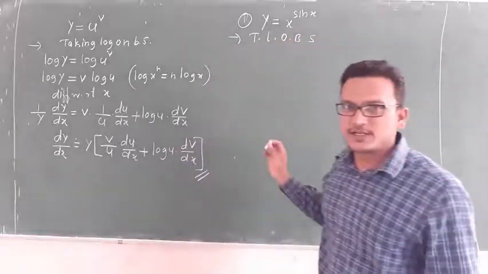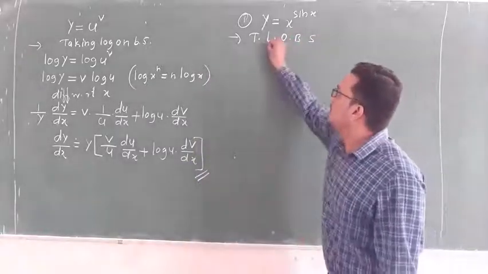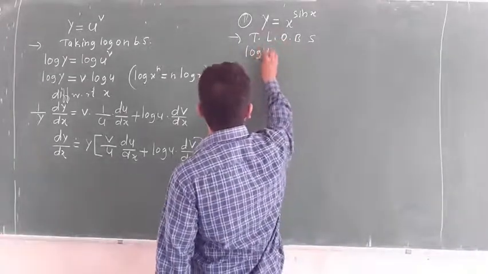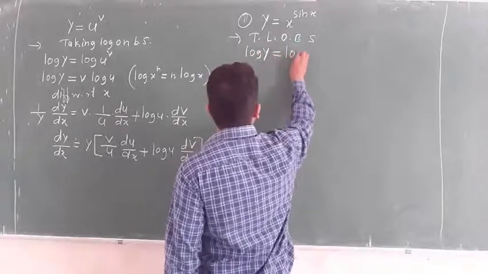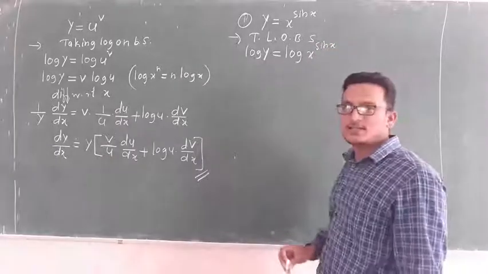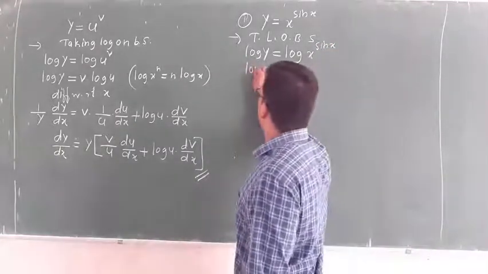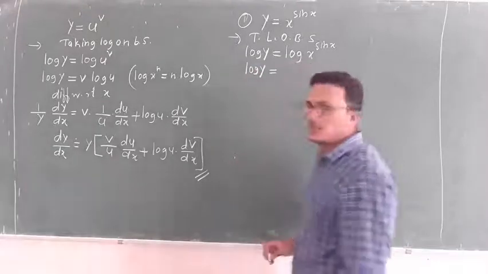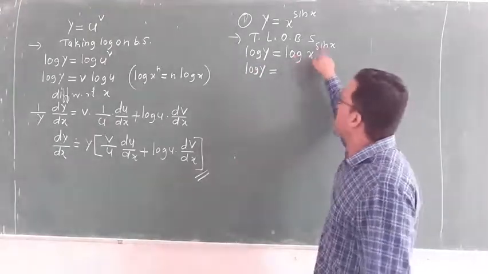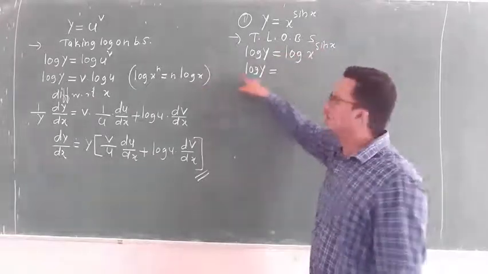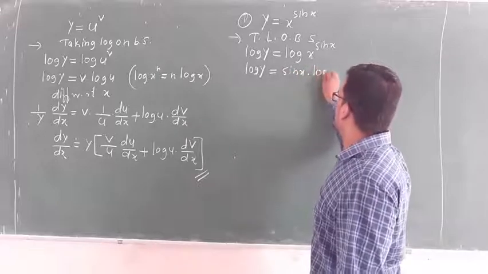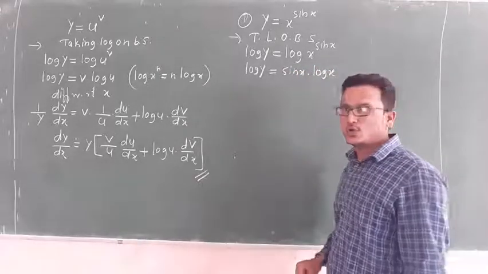Therefore log y is equal to log x to the power sin x. So log y as it is, which is equal to, now apply the logarithmic property: log x to the power n is n log x. So log x to the power sin x can be written as sin x into log x.